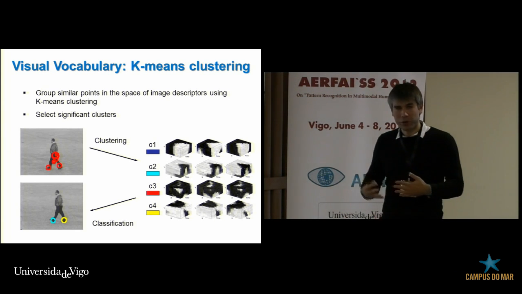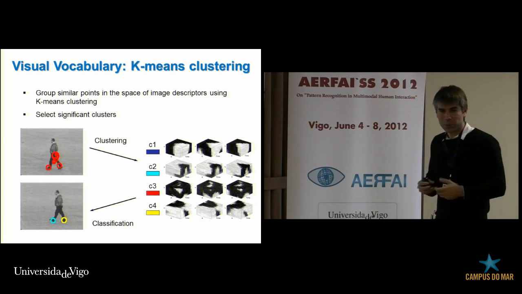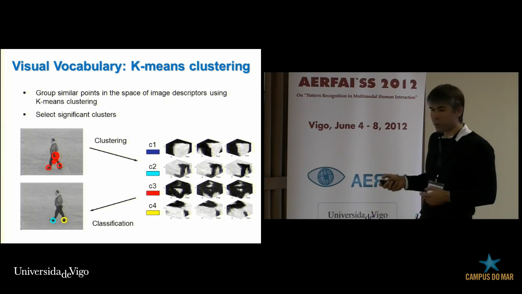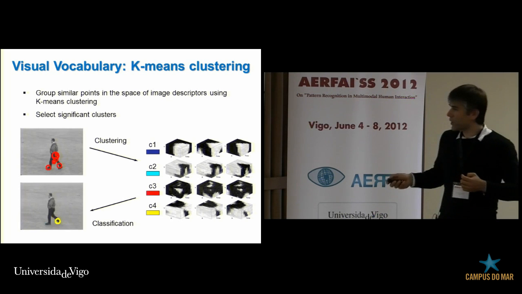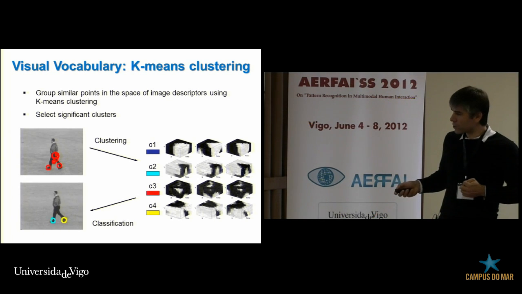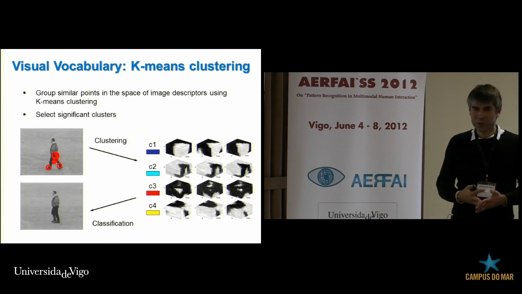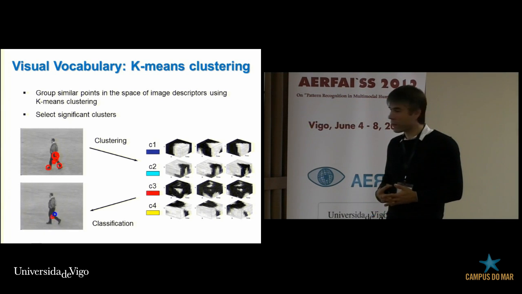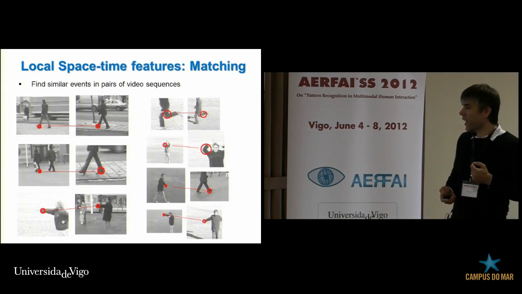Because the action is periodic, the most common ones will correspond to small repetitive structures. If we select only the patches which correspond to the first 4 clusters, we remove the noise. K-means is not a semantic method, but it does cluster similar local events together, so we get a nice representation.